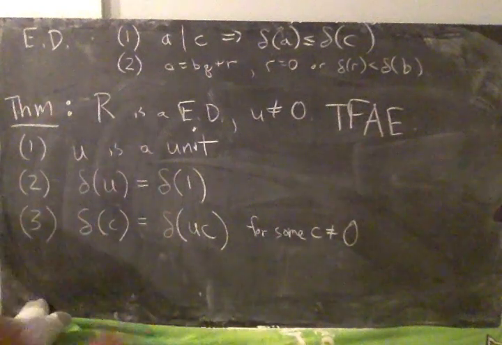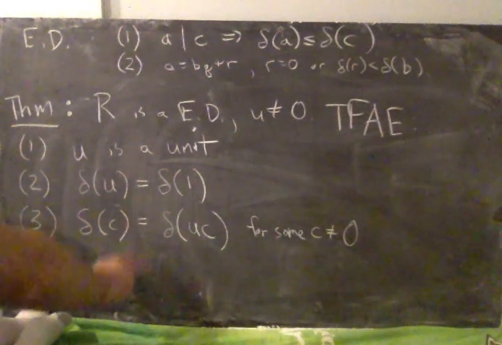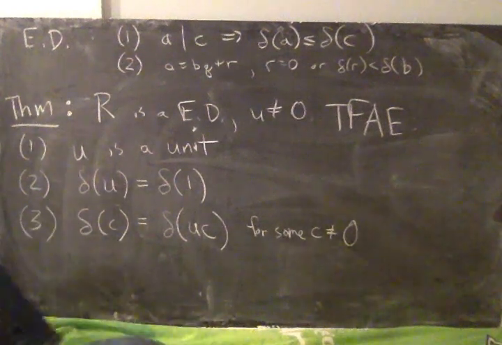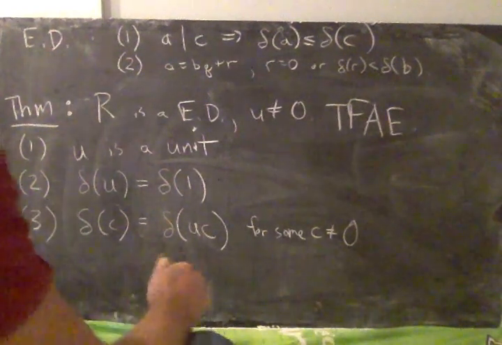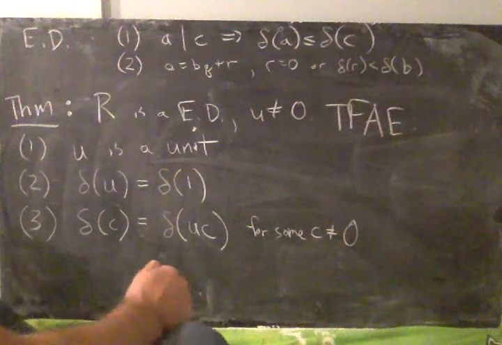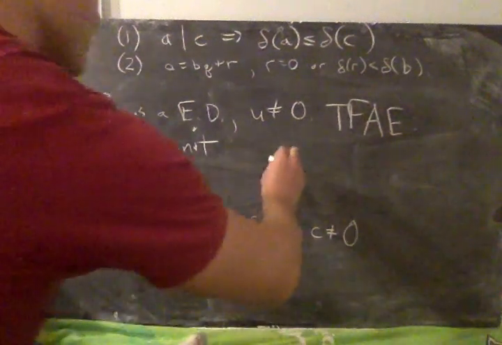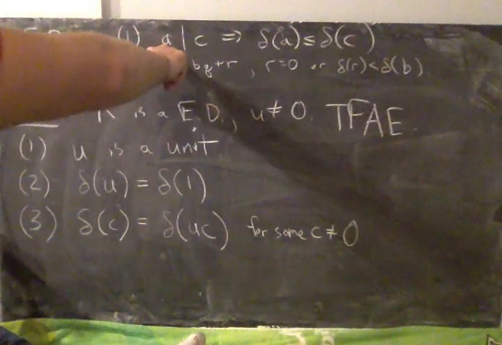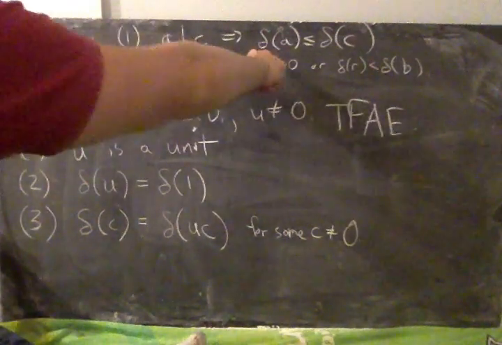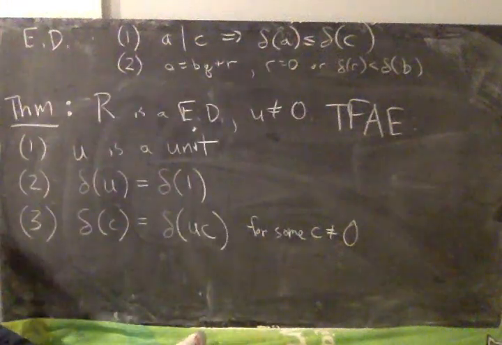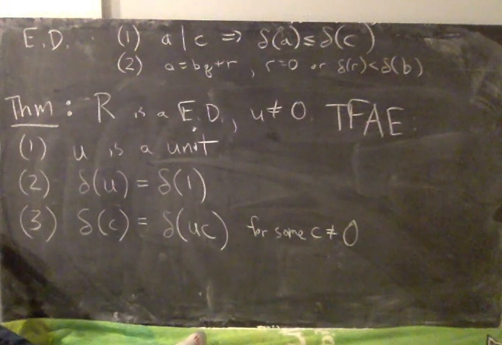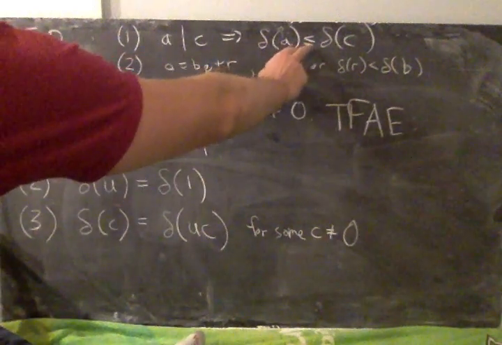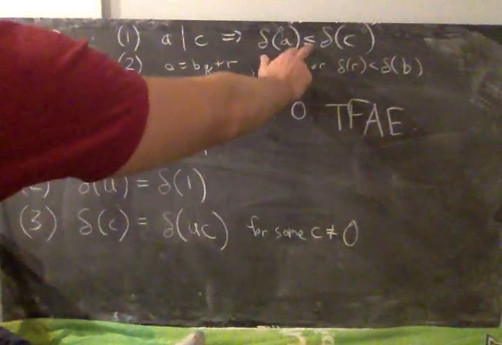The interesting implication here, the thing we really have to prove, is that 3 implies 1. And what does 3 say? Remember that for our delta, if A divides C, then delta of A is less than or equal to delta of C. This third thing is basically characterizing the equality case.